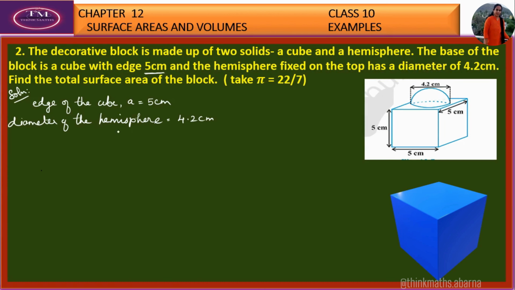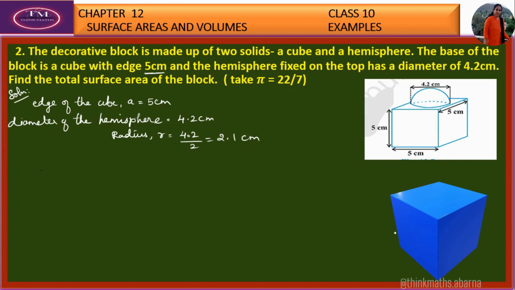So, if diameter is 4.2, then radius R is equal to 4.2 divided by 2, which is 2.1 centimeter, because 2 2s are 4 and this decimal places 1 2s are 2. So it is 2.1 centimeter.